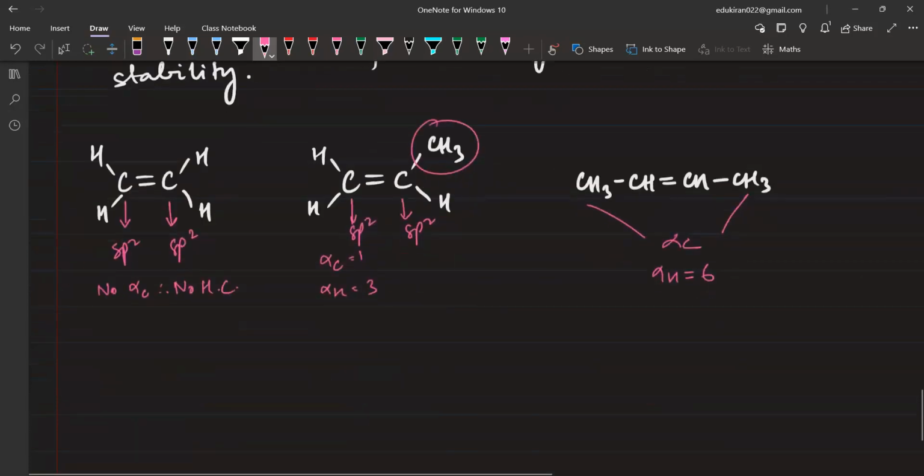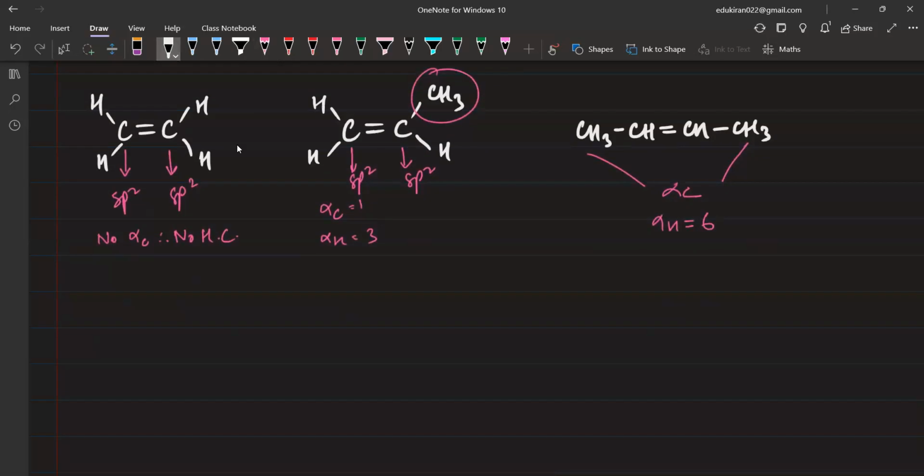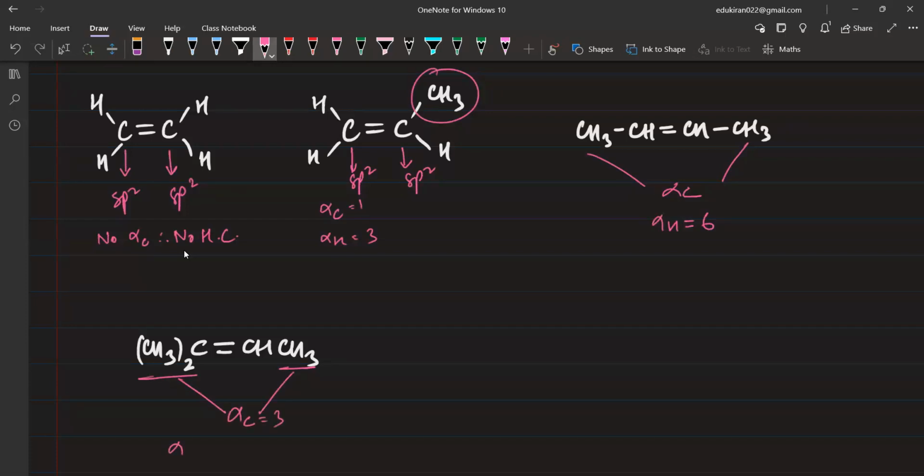Understood? Now, we can have even more. We have a carbon atom with CH3 twice, doubly bonded to CH and then CH3. In this case, these two CH3s and this CH3, all three are alpha carbons. The number of alpha carbons is 3, and the number of alpha hydrogens, if you count, is 9.